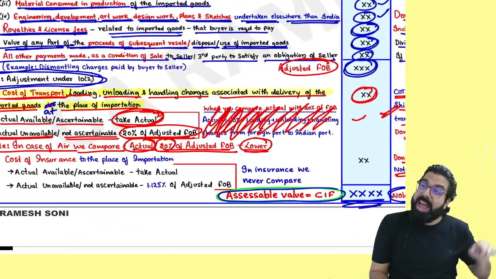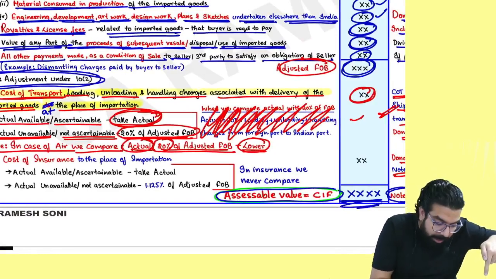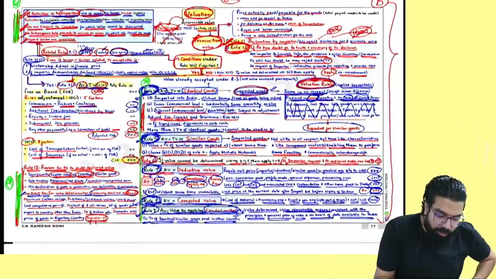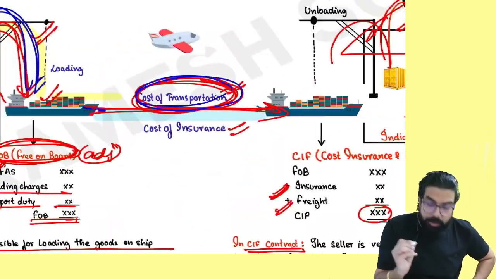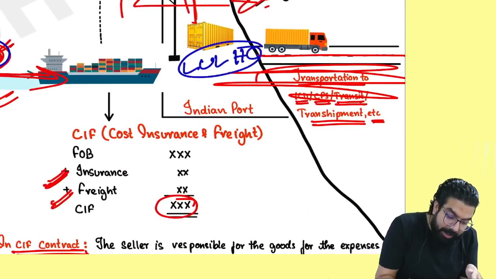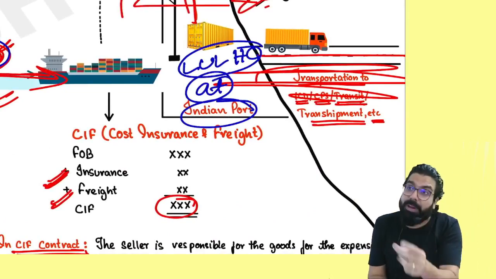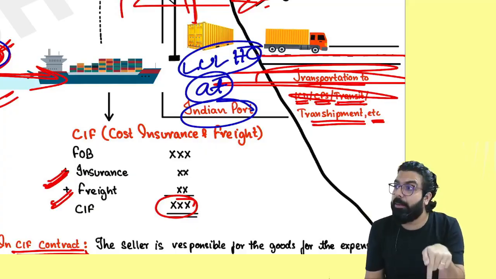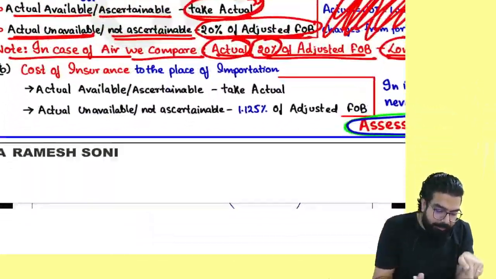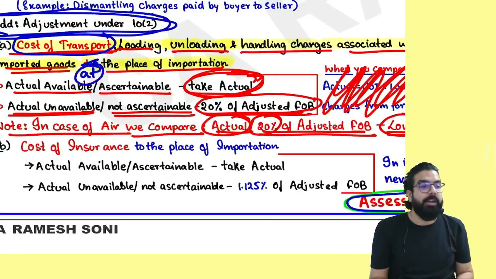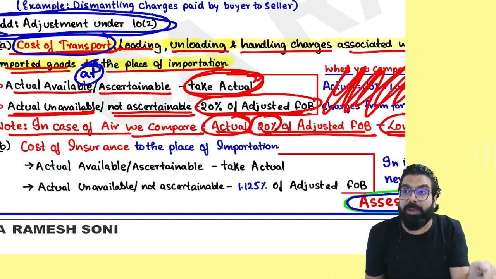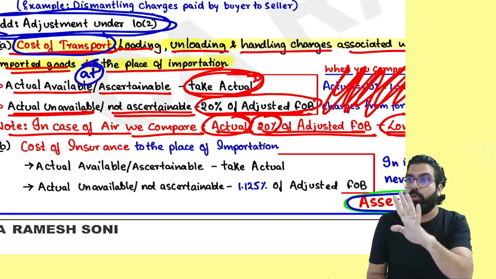This two used to be at the place of importation. It means at the Indian port, first of all, the cost of transportation. Which cost of transportation? This one. Plus loading, unloading, handling charges at the Indian port also used to be taken earlier. Listen carefully. Earlier what used to happen? Indian port loading, unloading, handling charges used to be considered in the value.